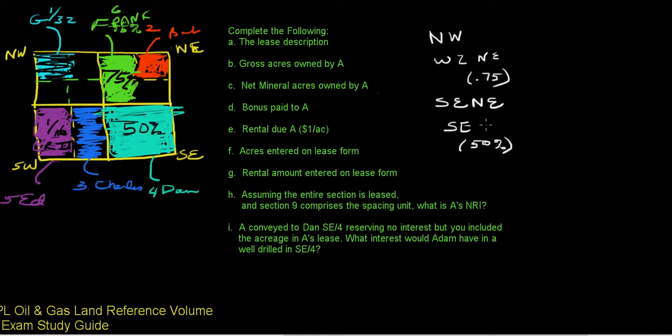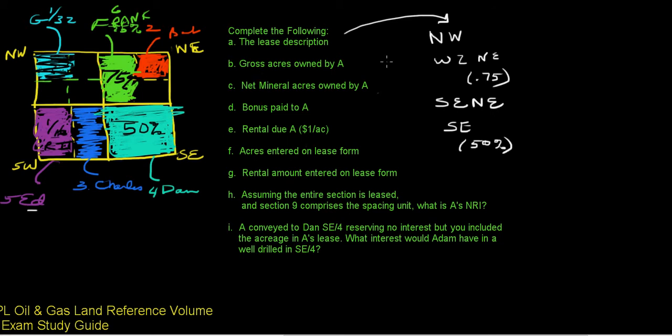Now, we're not going to include the property that was conveyed to Ed because A only kept a 1/16 royalty interest. Right now, we're interested in mineral interest only. So this is what our lease description would be: the northwest quarter, the west half of the northeast, the southeast of the northeast, and the southeast quarter.